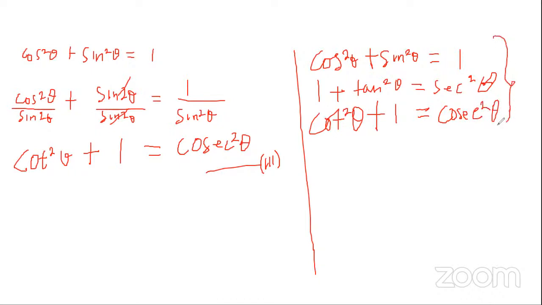Okay, so these three, we are going to use them to solve some of the trigonometrical functions that have squares in them, that have powers of 2 in them, and they also help us to prove some identities as we are always asked to prove them.